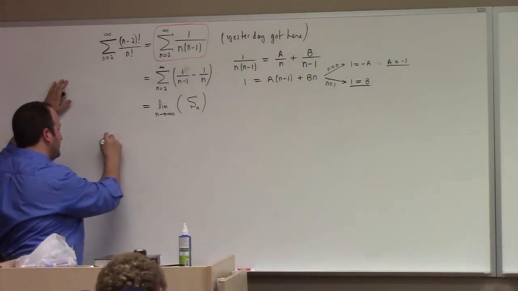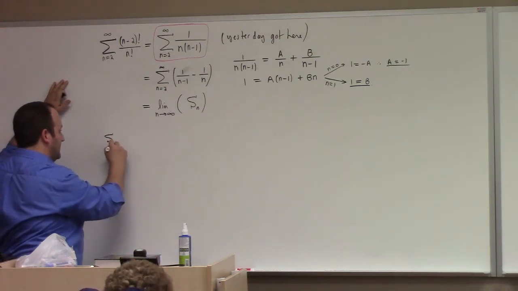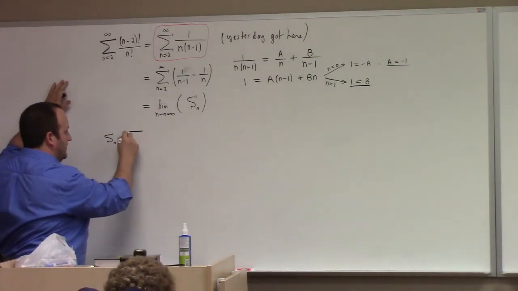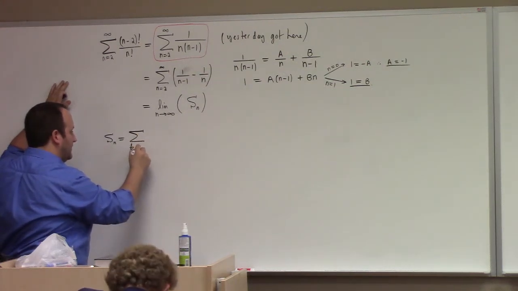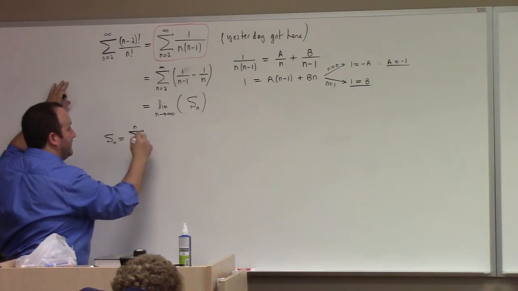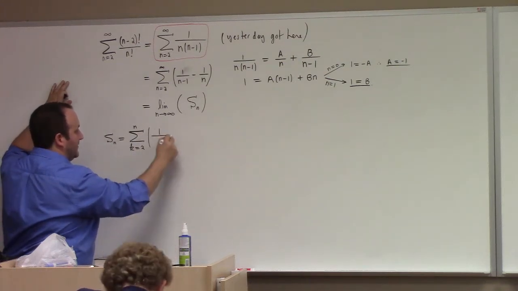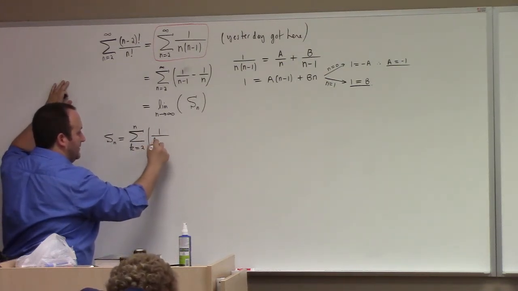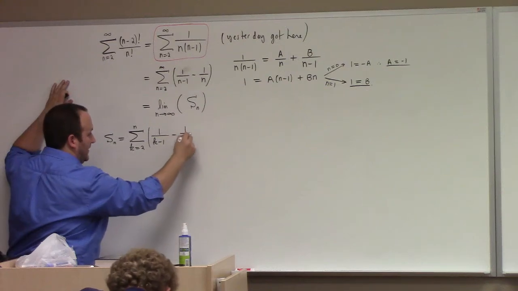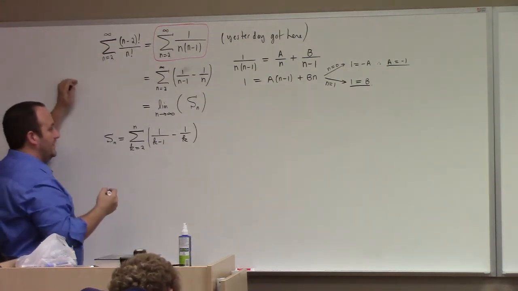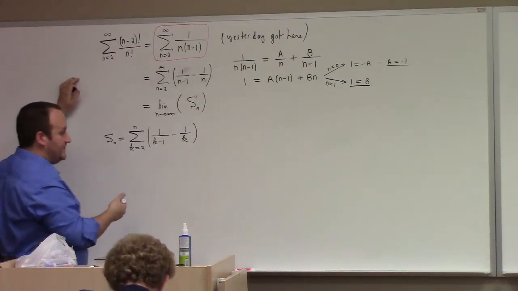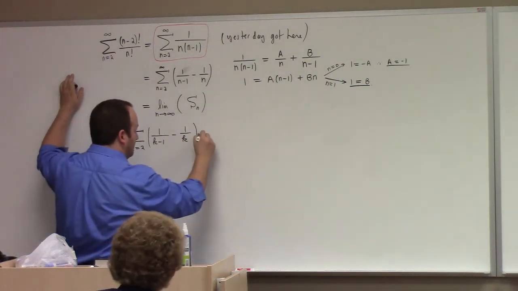So we're looking at S sub n. I'll invent a new letter, let's say k. The sum from k equals 2 to n of 1 over k minus 1 minus 1 over k, right? And I just start working that out and see what that looks like. What does that give us?